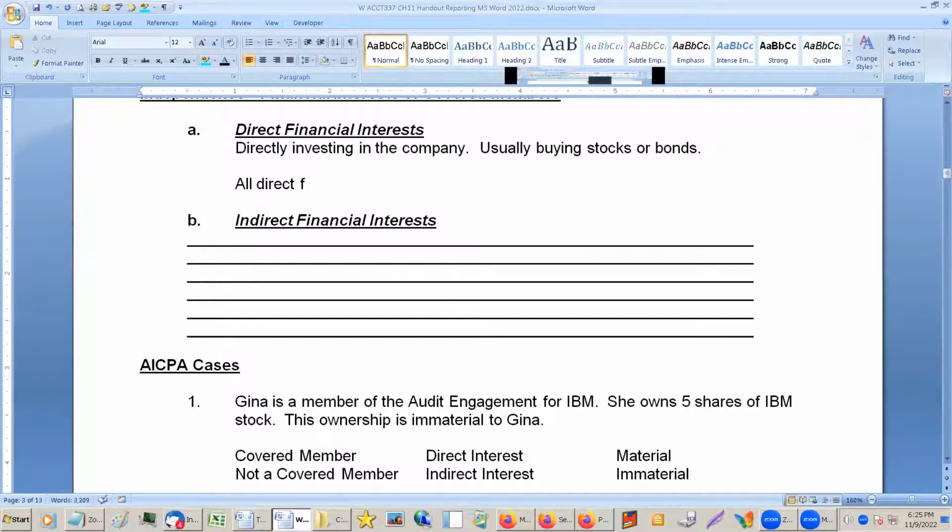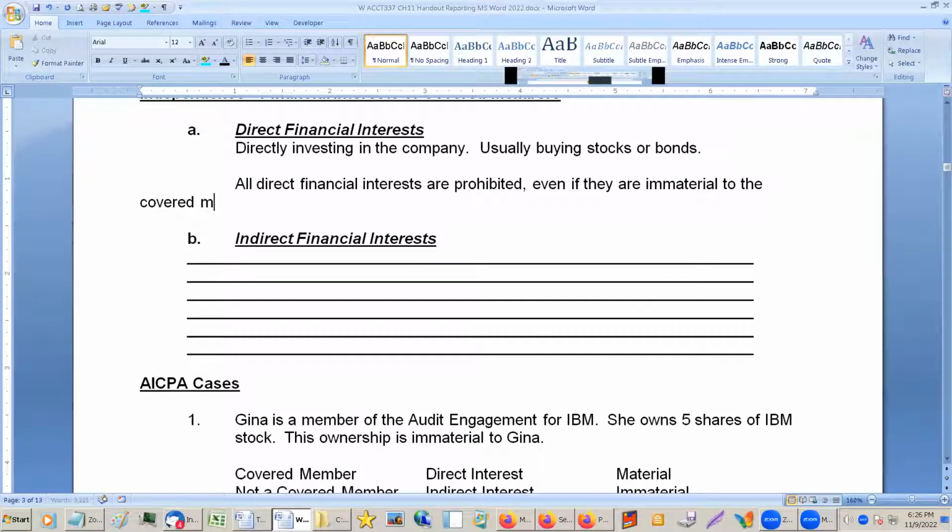All direct financial interests are prohibited, even if they're immaterial.